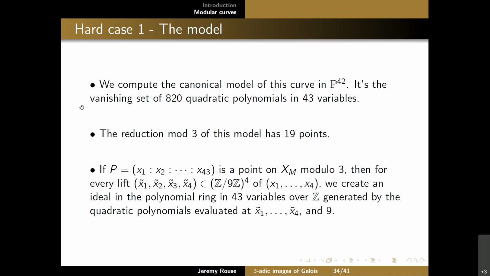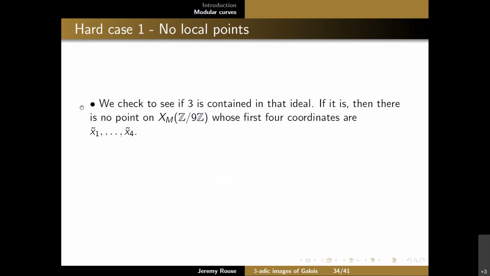This is sort of a way of doing Gröbner basis computations over Z mod 9Z. So we check to see if 3 is contained in that ideal. If it is, then what that's saying is that there's no mod 9 point on this modular curve whose first 4 coordinates are the lifts of the first 4 coordinates of the mod 3 point we started with.